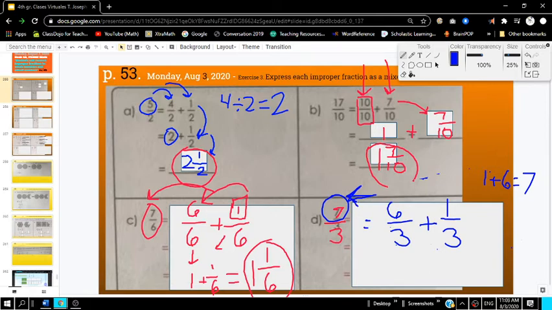And 6/3 is the same thing as 6 divided by 3. 6 divided by 3 equals 2. So 6/3 equals 2. Now what's 2 plus 1/3? Well, 2 plus 1/3 equals 2 and 1/3. So my answer is 2 and 1/3.